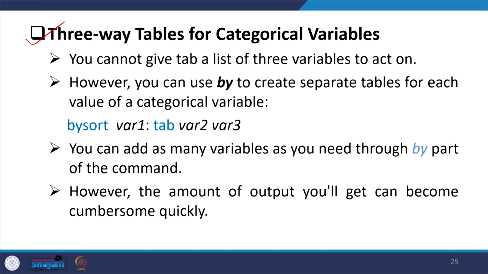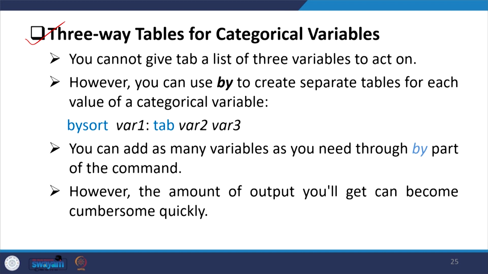For example, we explained sector and gender here; the third variable could be education, and how education is linked to the other two variables. Or sector could be your first variable and the other two would be gender and education.